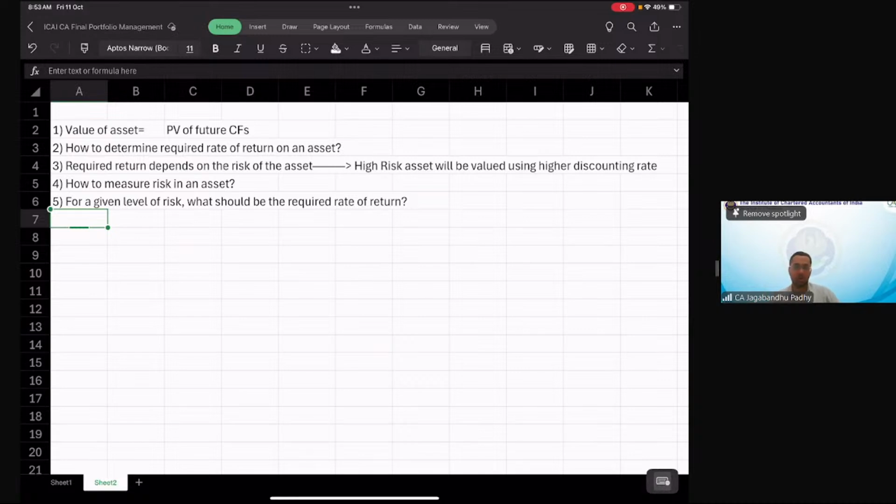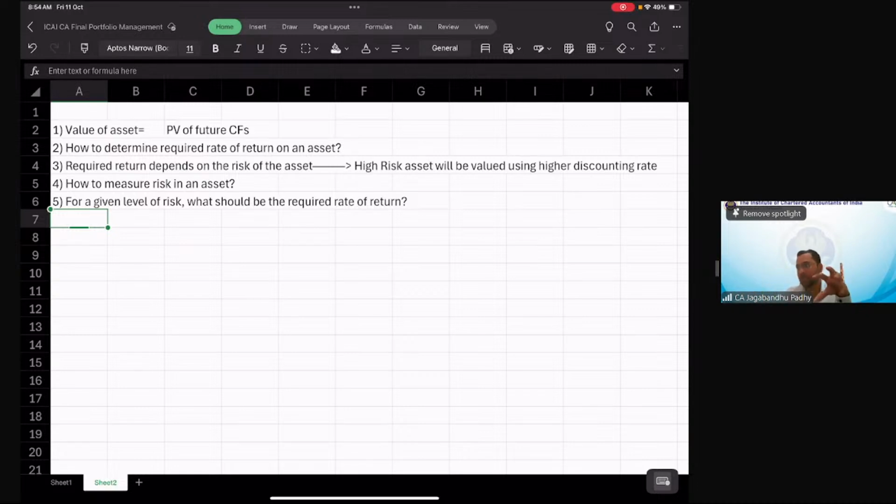This topic is a subject in itself on which thousands of research studies have been done, and it is still evolving. It is still subject to some debates and certain clarifications. It is still developing over a period of time.